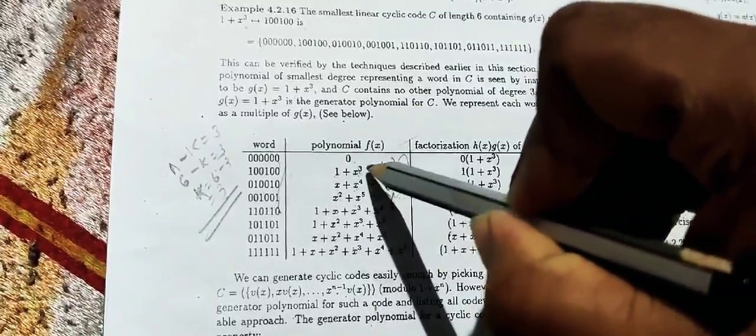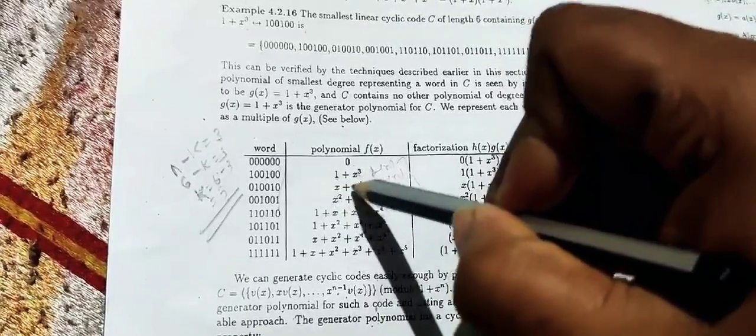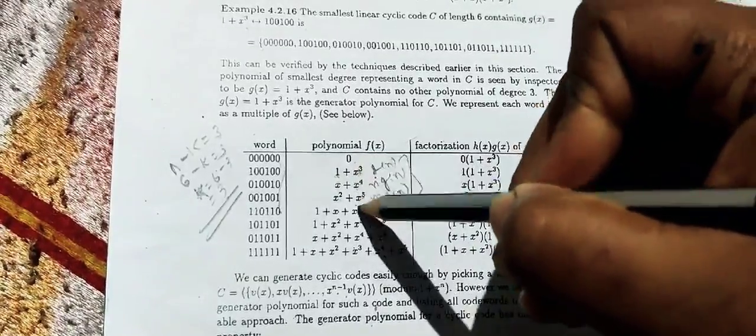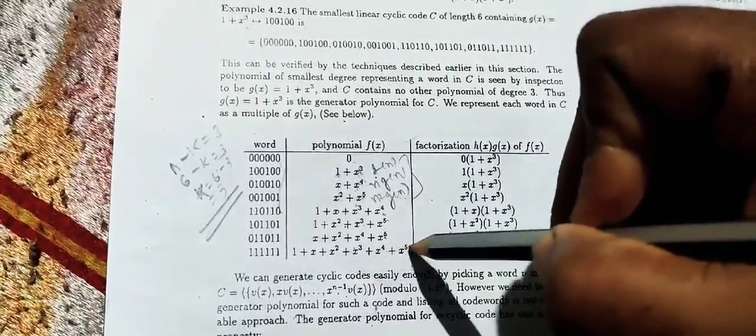We get, and add first one with the third one. So 1 plus x square plus x cube plus x raised to 5. Okay, clear? And adding these two elements. So x plus x square plus x raised to 4 plus x raised to 5. And adding those elements. So 1 plus x square plus x cube plus x raised to 4 plus x raised to 5. So these are the corresponding linear codes.